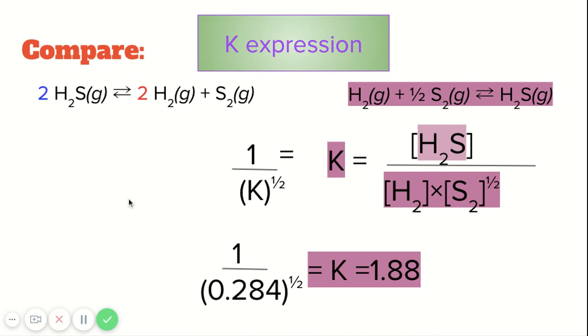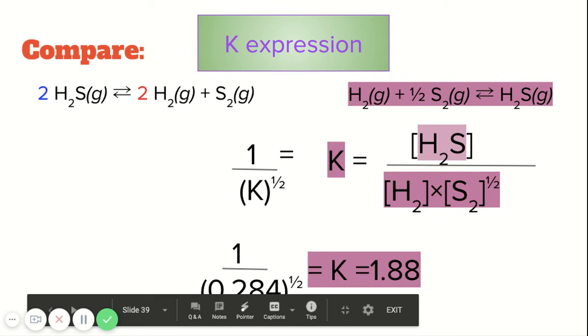And how do I find the new k? I raise the old k to the power of the new factor. So that might have to sit with you for a while. You might have to practice a little bit, but that was the answer to part D. It was what is the Kc of this new purple reaction.